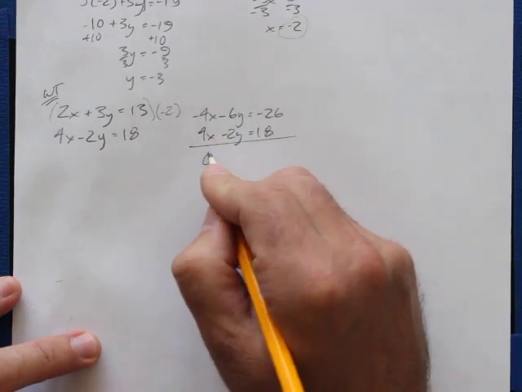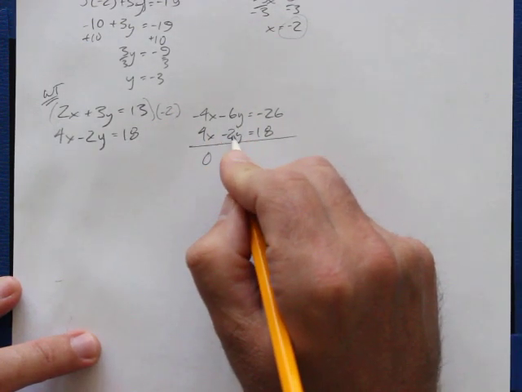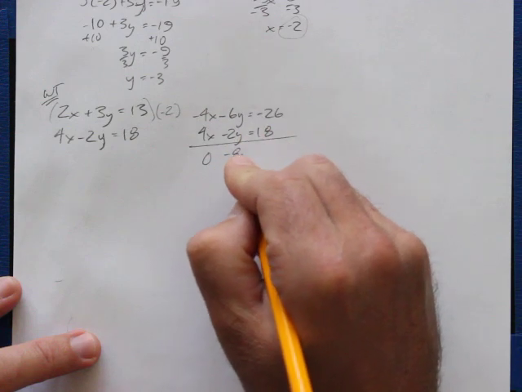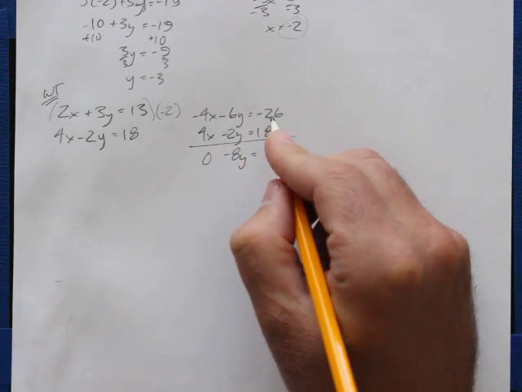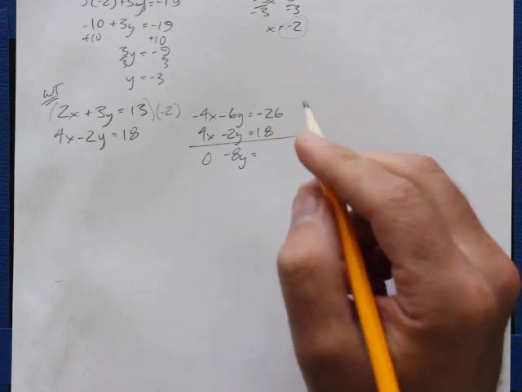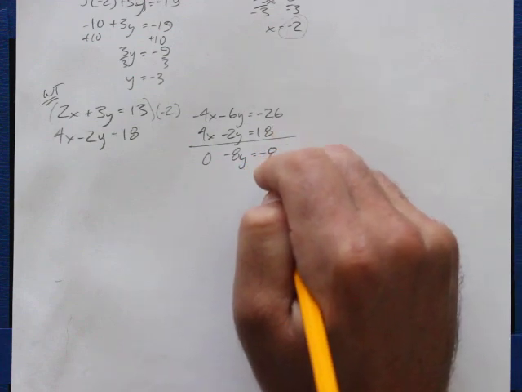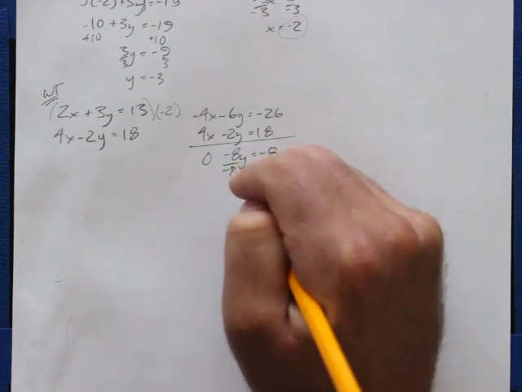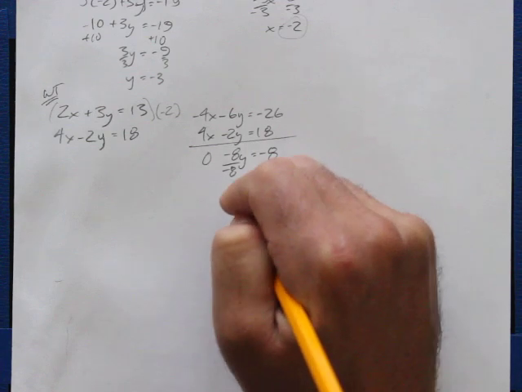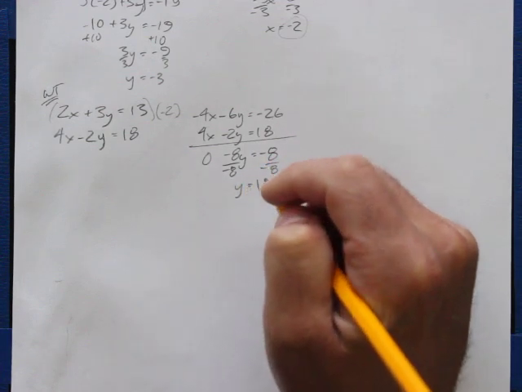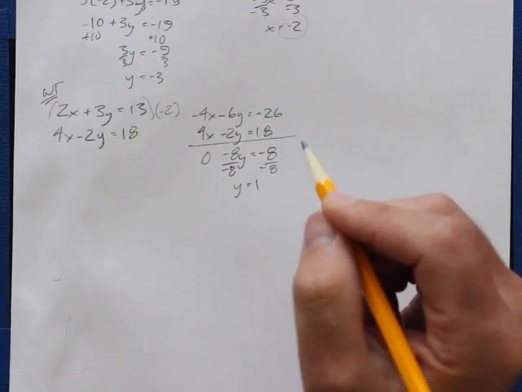The 4x's go away. Negative 6y, negative 2y, negative 8y equals negative 26 and 18, that's going to give me a negative 8. So I divide both sides by negative 8. y equals positive 1.